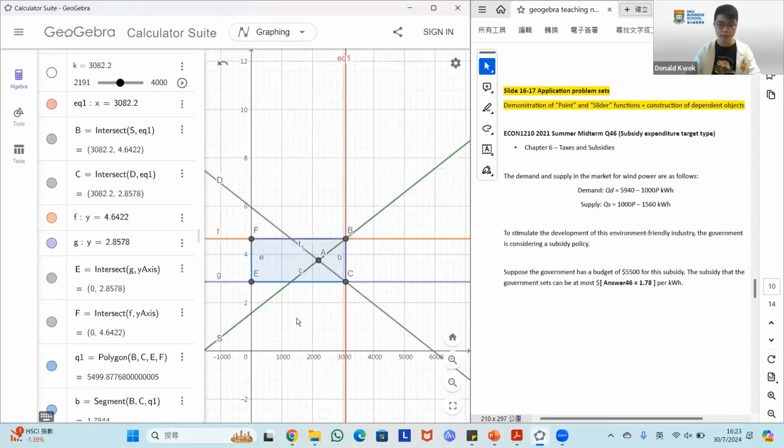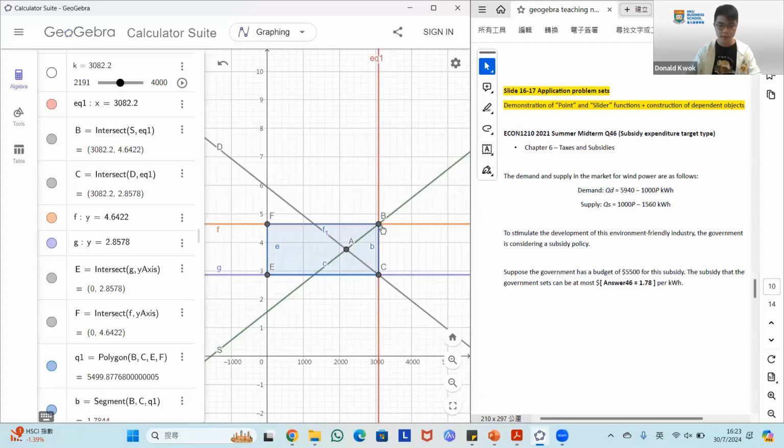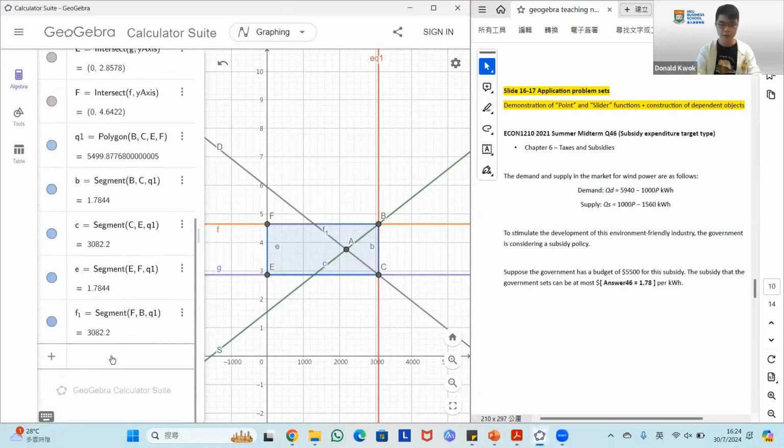So the desired per unit subsidy is simply the vertical distance between points B and C. It will be 4.6422 minus 2.8578. You can do a little bit of calculation in the algebra panel here to calculate the result.